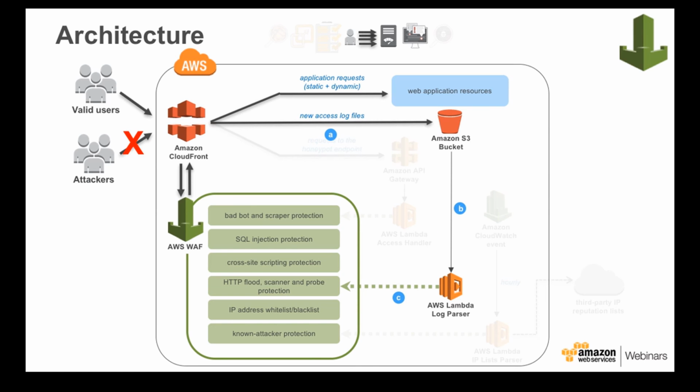So these two kinds of protection, HTTP flood and scanning probes, will look for information inside our access log files, and for every access log file that comes to our S3 bucket, we're going to inspect it, and if some origin has made more requests than we specified as normal, in our case 400 requests per minute, but you can edit it, it will be blocked for a period of time that you can also define.